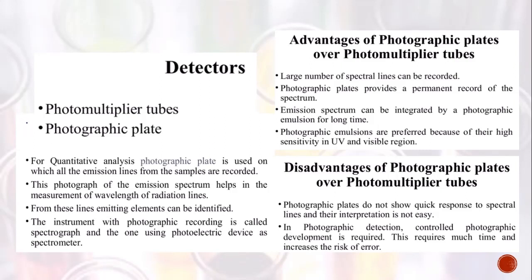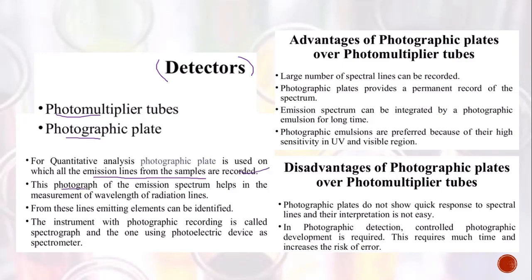Once we have had the filtration, we have the photomultiplier tubes and also photographic plates that are our detecting mechanism. For quantitative analysis, a photographic plate is used, on which all the emission lines from the samples can be recorded.